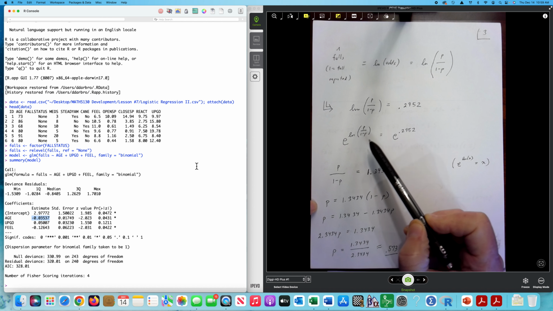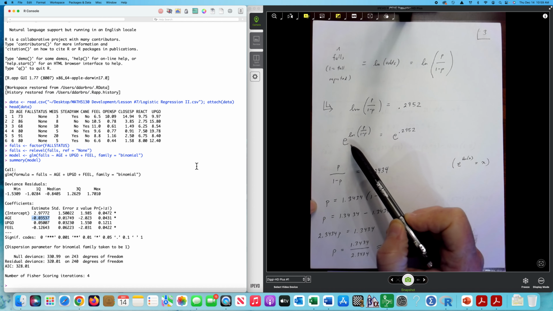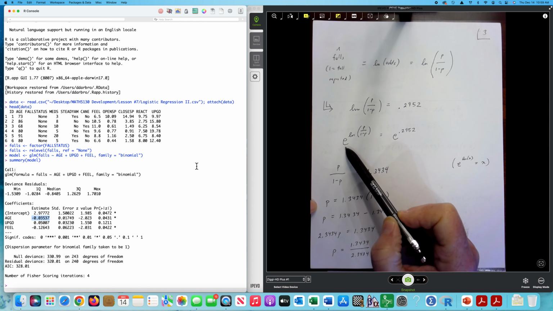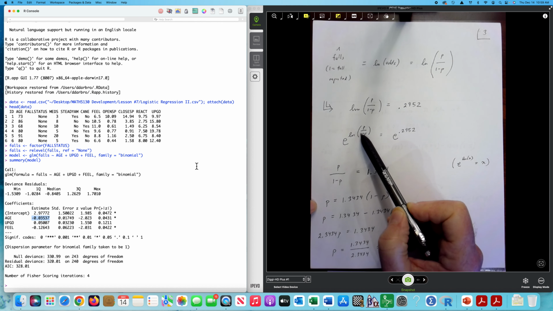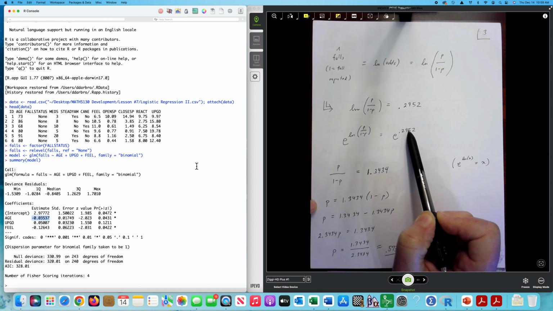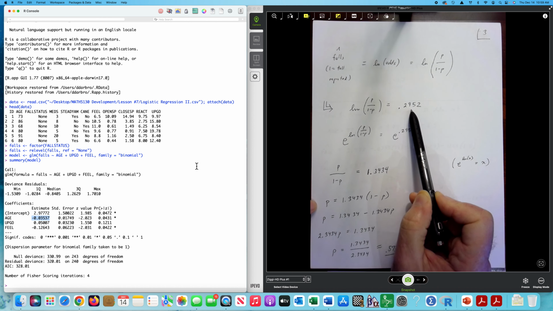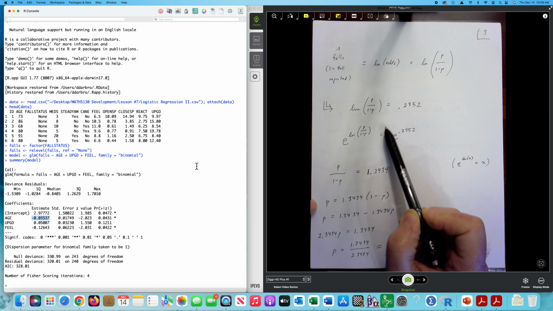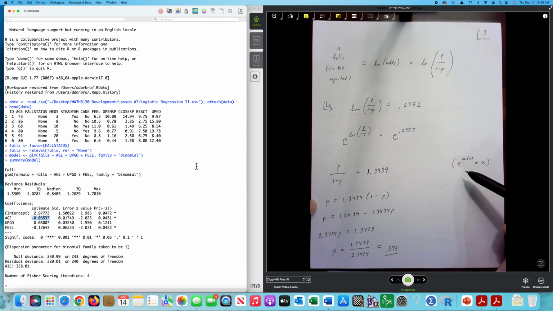I do some trickery next. I exponentiate both sides. So I take base e and raise the left-hand side to that power, and I take base e and raise it to the power of 0.2952. There's a fancy little property that says if I take e raised to the natural log of something, it's just that something.